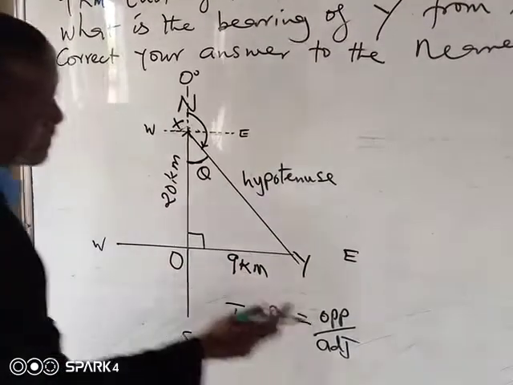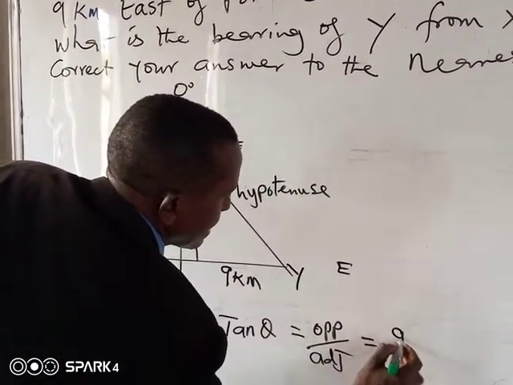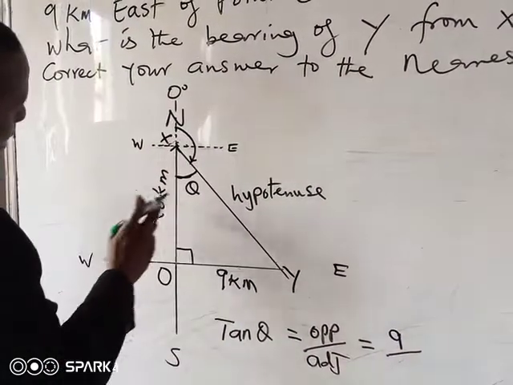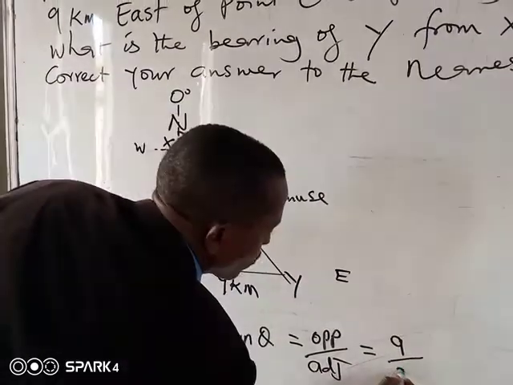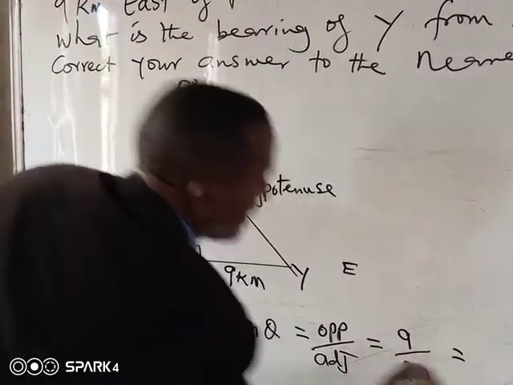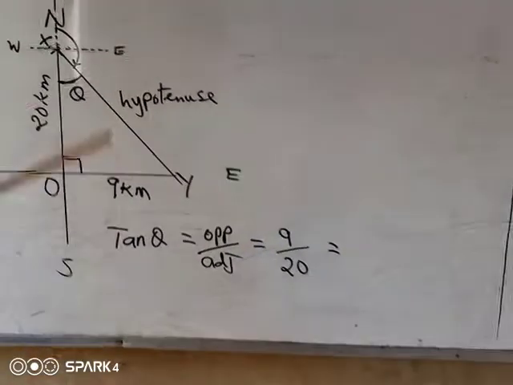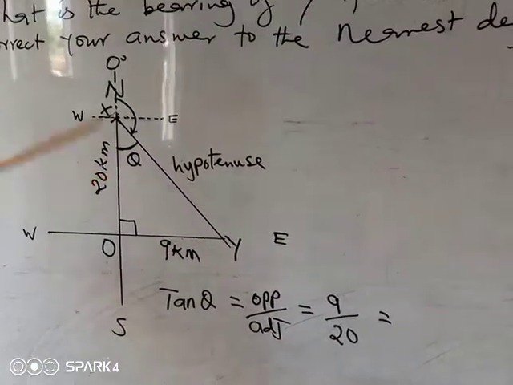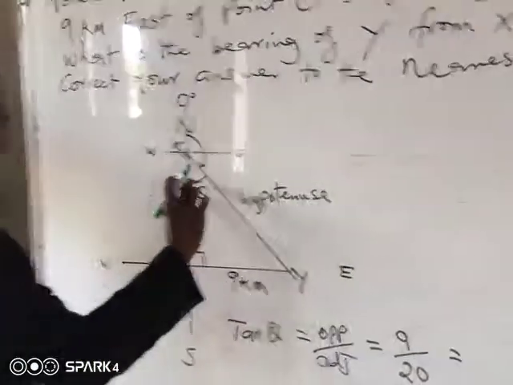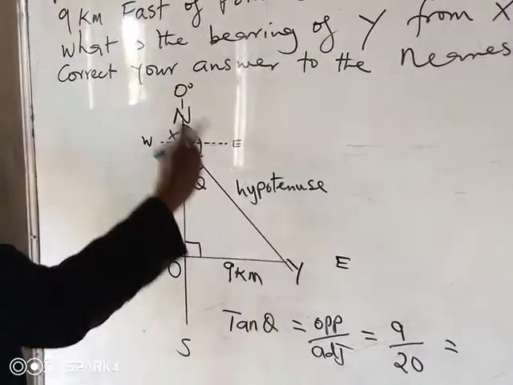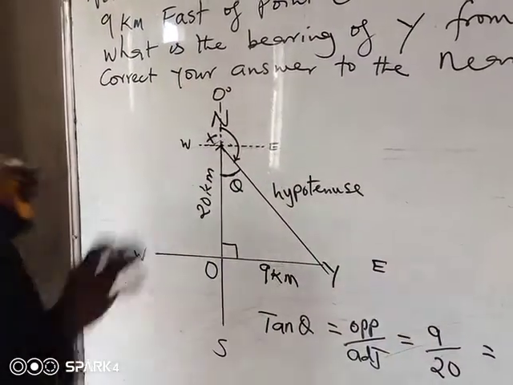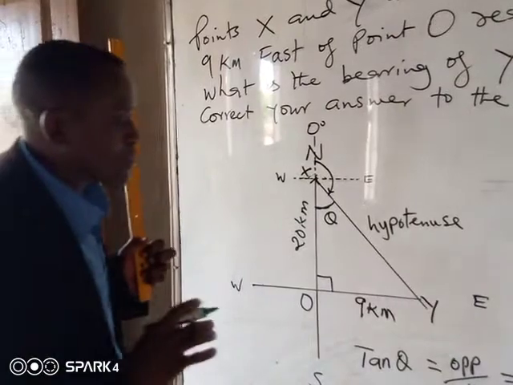What is the opposite here? My opposite is 9 over my adjacent, which is 20. If I know this angle, all I need to do is to subtract angle theta from 180 degrees, and whatever I get becomes my answer.